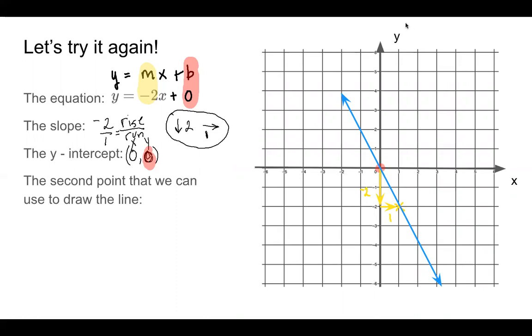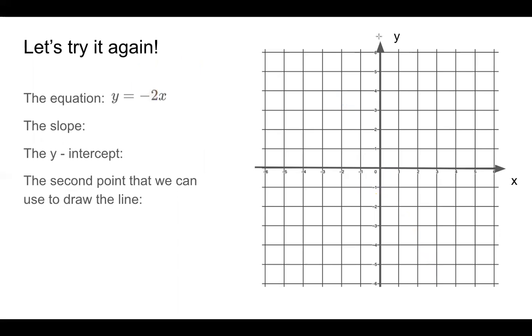Let's do one more just to make sure you got it. One last time. Okay, we need the slope and we need the y-intercept. So we're going to write y equals mx plus b right over our equation. And what I notice is I don't have a plus here.